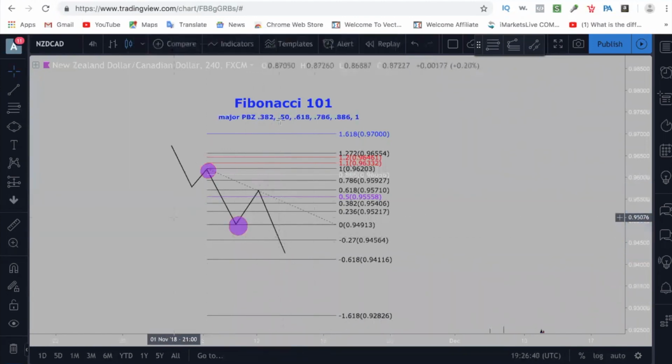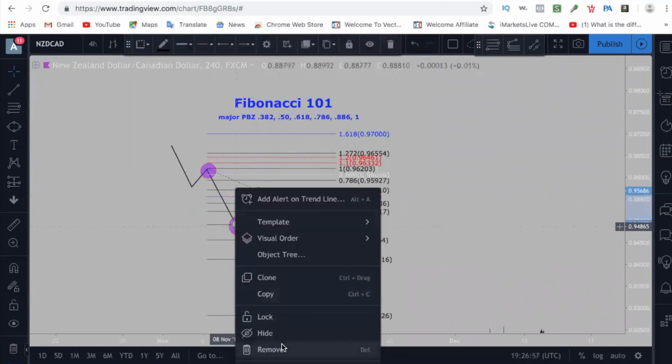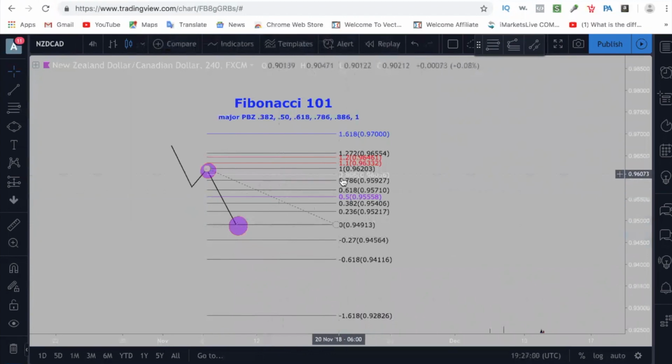Now I could go even further in depth with these zones, but I'm making this a 101, the basic concept of the Fibonacci, so you understand how to draw it on here. I know that was one of the major questions a lot of people were asking. I'll make another video explaining in detail these zones and the importance of each one. But for right now, I just need y'all to know how to draw this up.